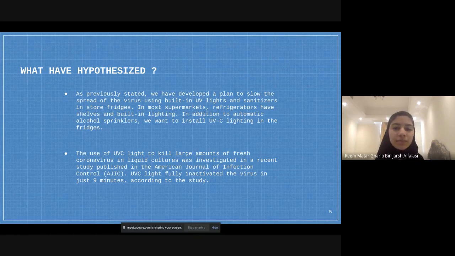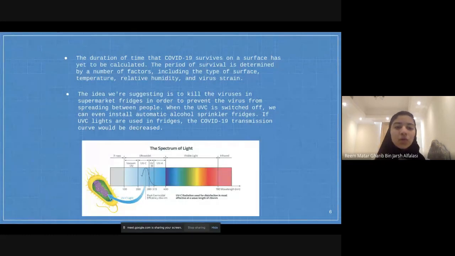A recent study published in the American Journal of Infection Control showed that the use of UVC lights can kill large amounts of coronavirus in just 9 minutes. We also calculated the duration of time that COVID-19 survives on a surface, and the period of its survival is determined by a number of factors such as the type of surface, temperature, relative humidity, and lastly, virus strain.